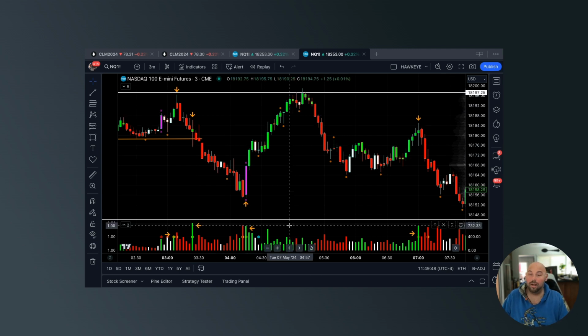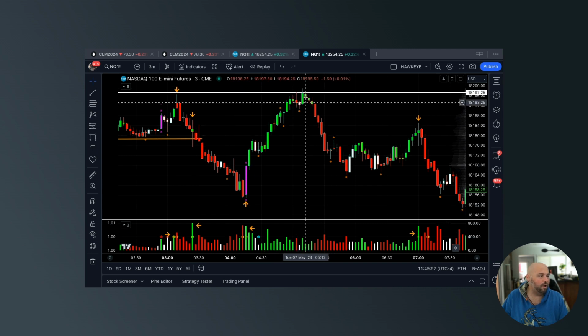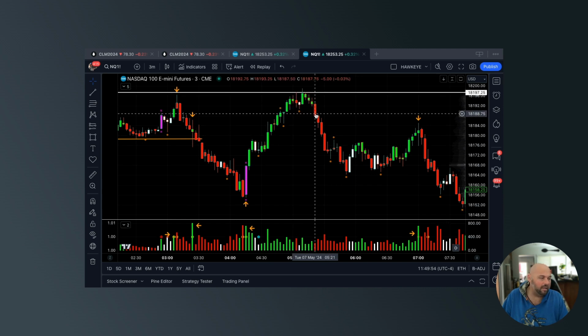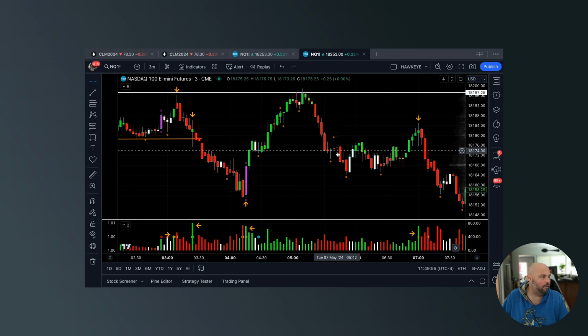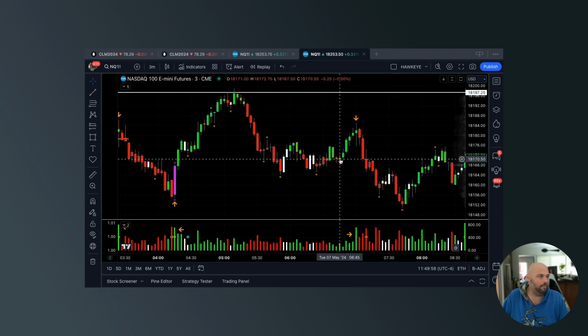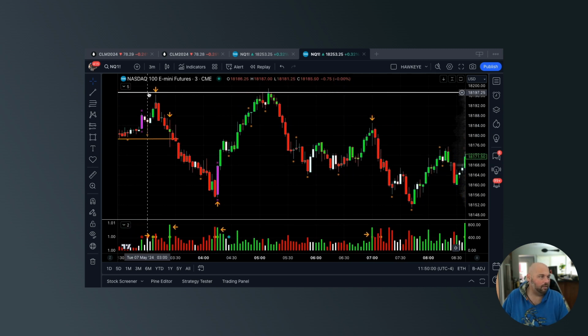Not super aggressive buying volume, but there was a slight uptick as we tried to break this high, and it didn't pan out. Market falls back, right? So we've now failed in this area twice. We've placed a low. We've made a double top. We've pulled back. There's a chance that we're going to place a lower high.